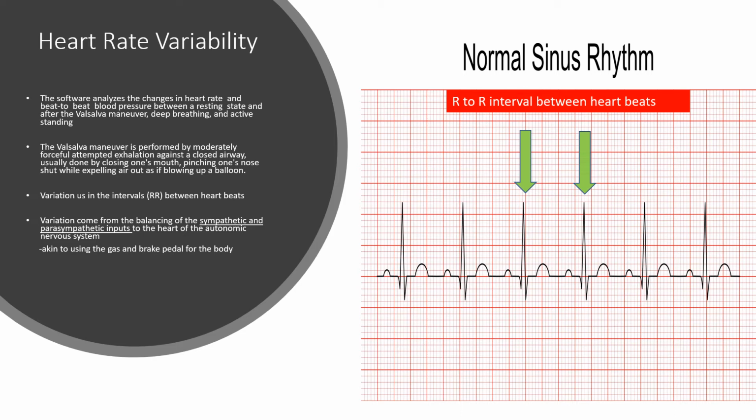The Valsalva maneuver is performed with a moderately forceful attempted exhalation against a closed airway. The variations in the RR intervals of the heart rate is what we call heart rate variability. It's a balancing of the sympathetic and parasympathetic inputs to the heart. It's akin to using a gas pedal for the sympathetic and a brake pedal for the parasympathetic.